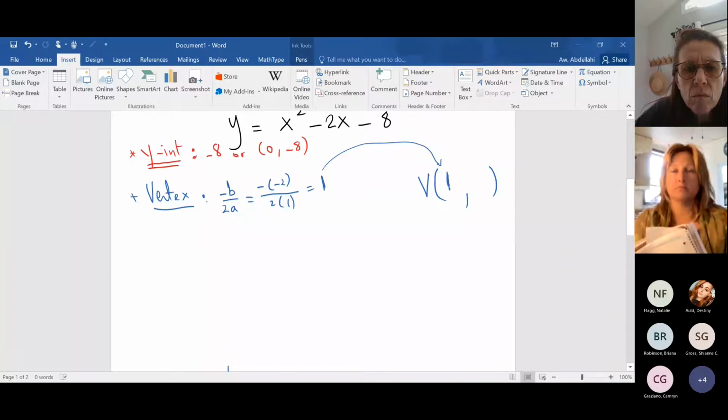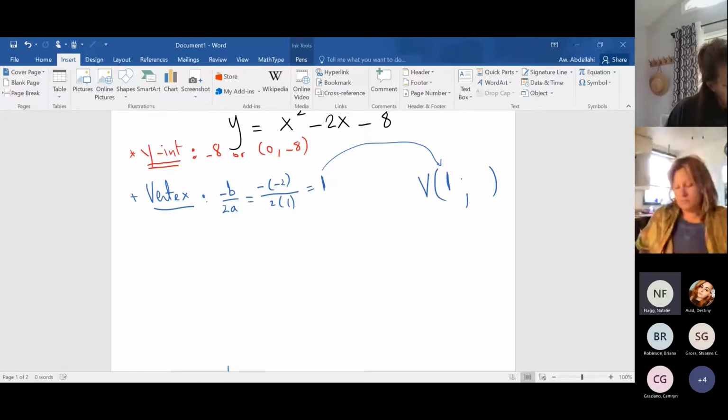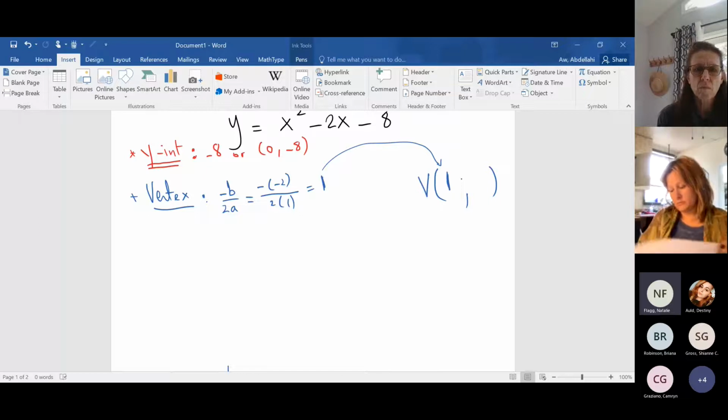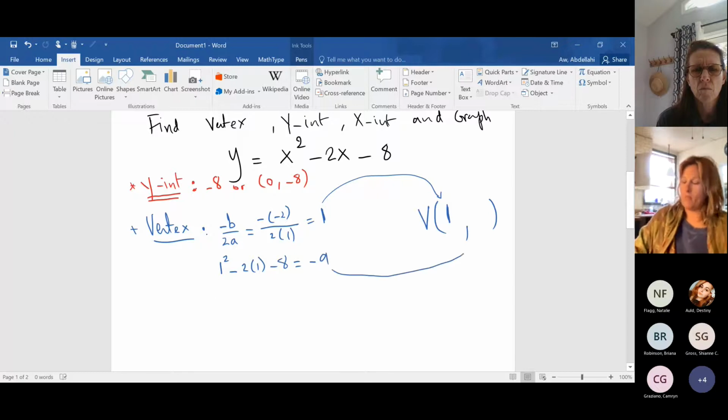And then somebody else, can you tell me what is the next step to get the k, the second coordinate? So now you take h, which is 1, and you plug it in where x is. Exactly. So you plug in 1, you get 1 squared minus 2 times 1 minus 8, which is 1 minus 2 minus 8, which is -9, and that's going to be the k.